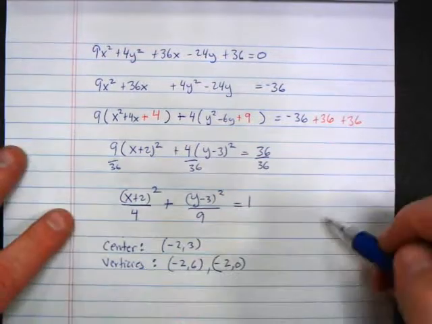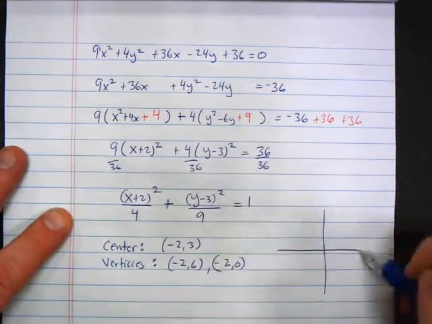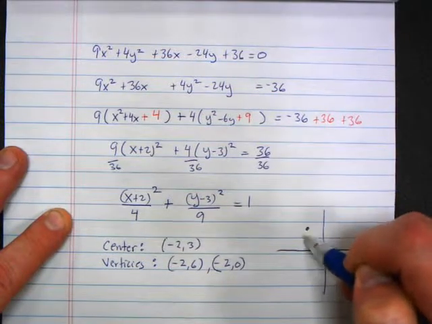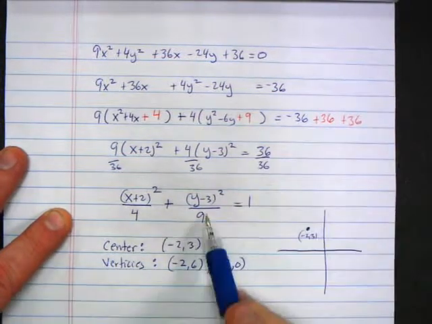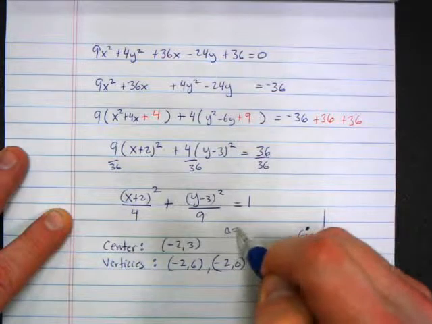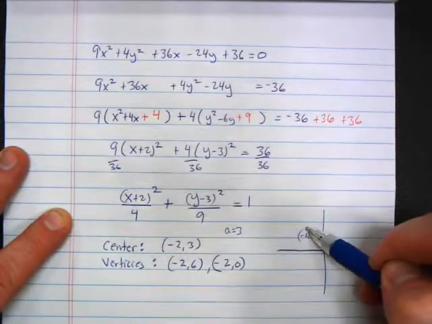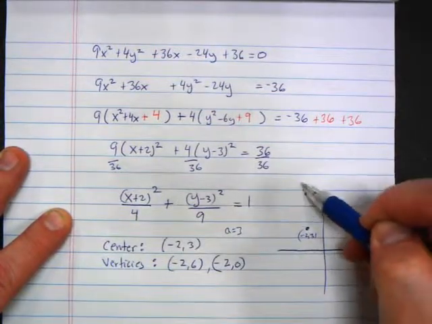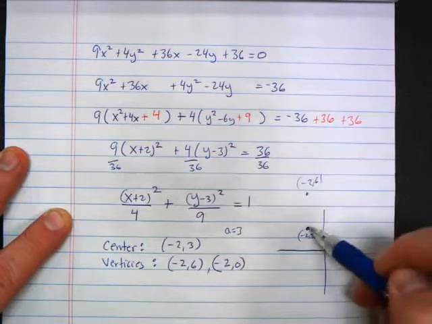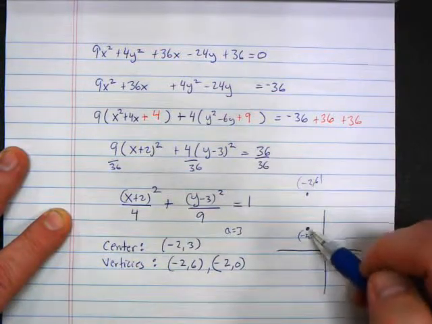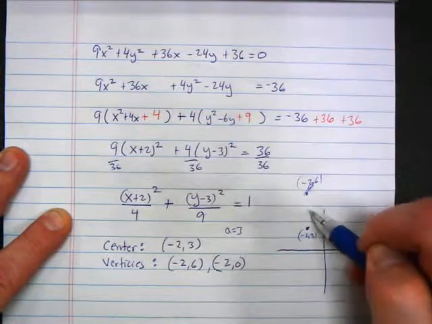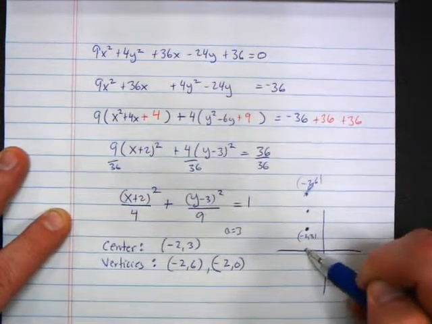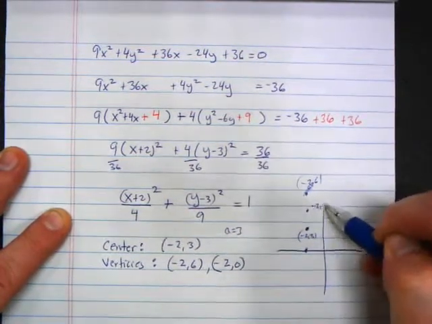Perfect. You got your center at negative 2, 3. Your a number is 3. So to find your vertices, you start at your center, you go up 3. That'll be negative 2, 6. Oh boy, scaling is terrible. And then you go down 3. That'll be negative 2, 0.